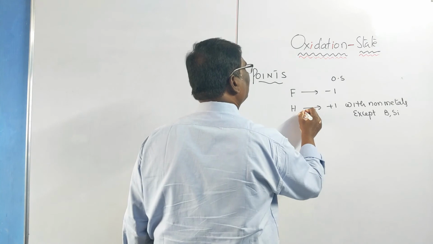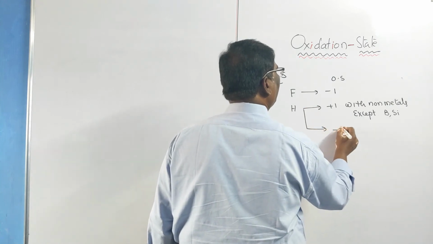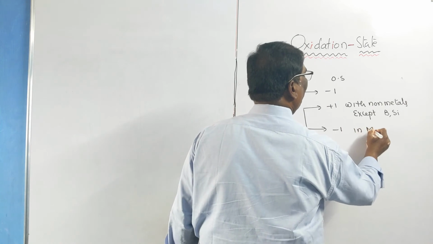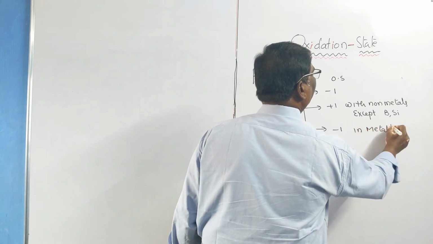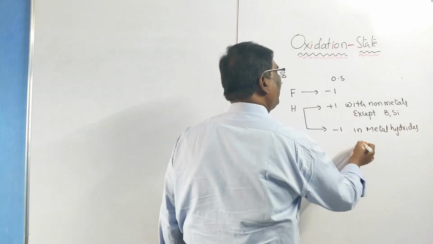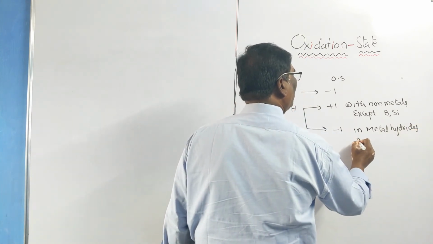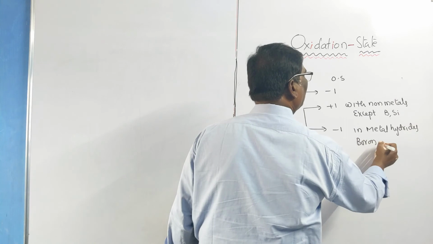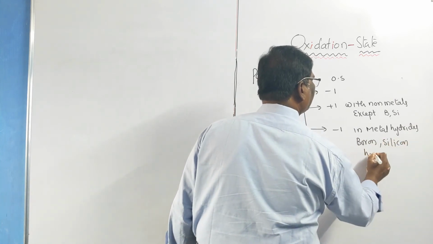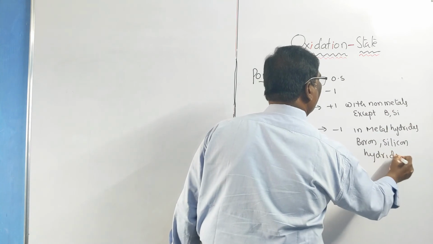Hydrogen is given minus 1 in metal hydrides and boron and silicon hydrides.